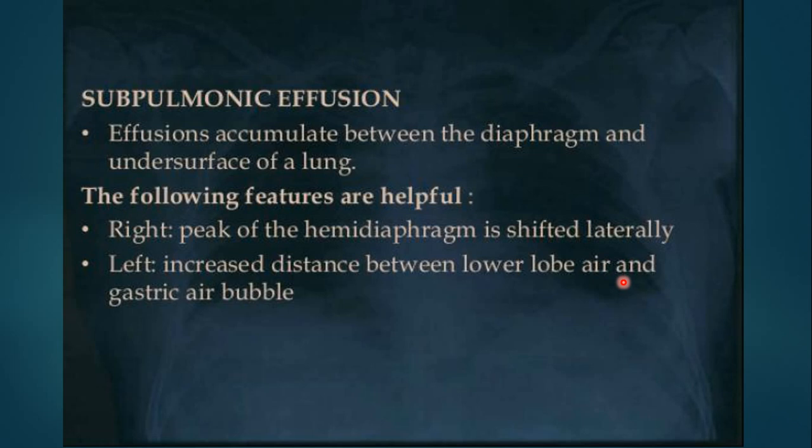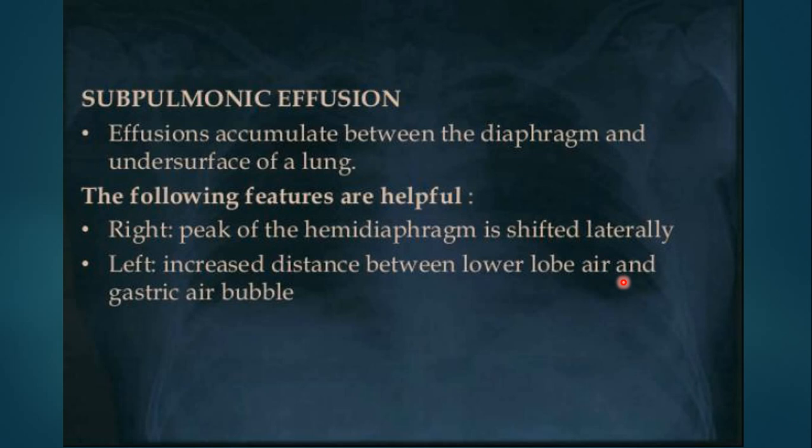Another type of atypical pleural effusion is the subpulmonic effusion, which is seen when the fluid or the effusion accumulates between the diaphragm and the undersurface of the lung. So this will be difficult to appreciate or to report. We need to look for specific signs that might help us to decide there is a pleural effusion.